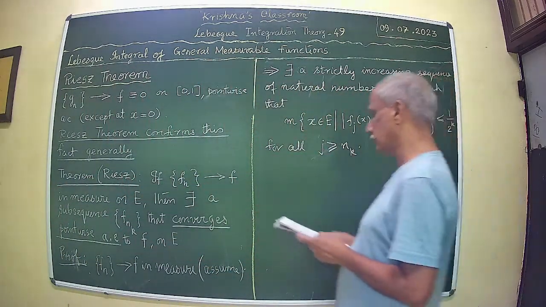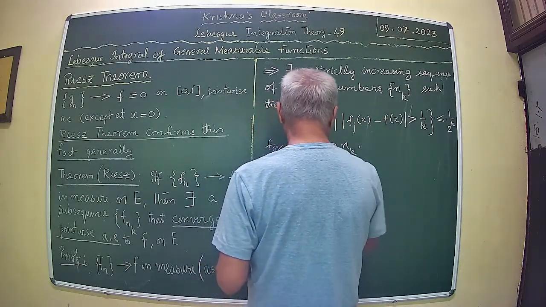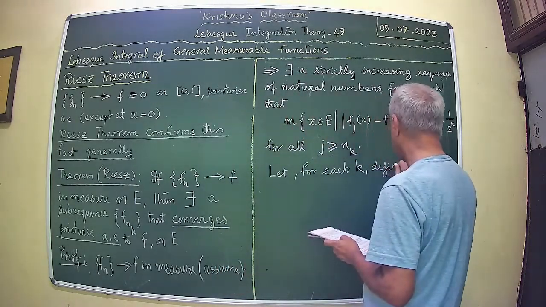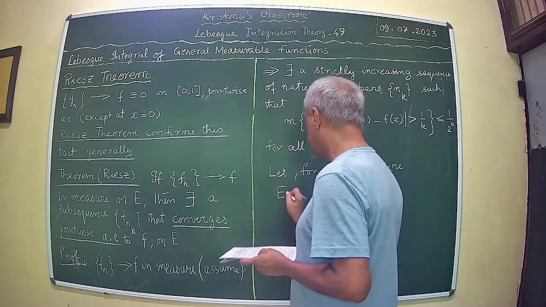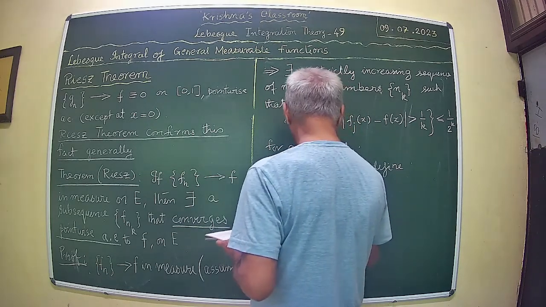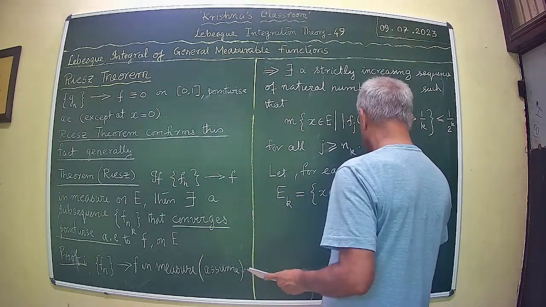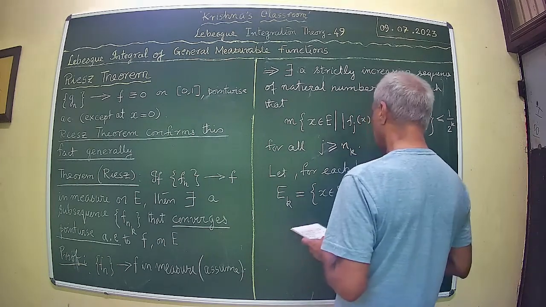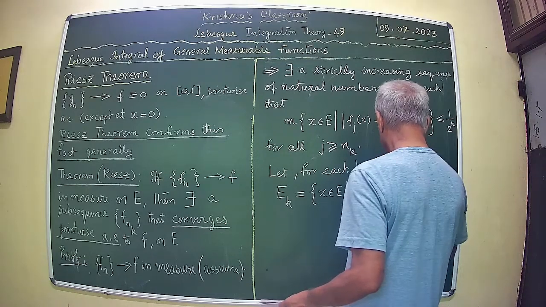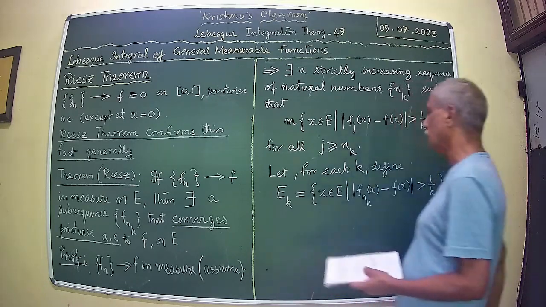Now let us define a notation Ek equal to the set of all x belonging to E such that |f_nk(x) - f(x)| is greater than or equal to 1/k.